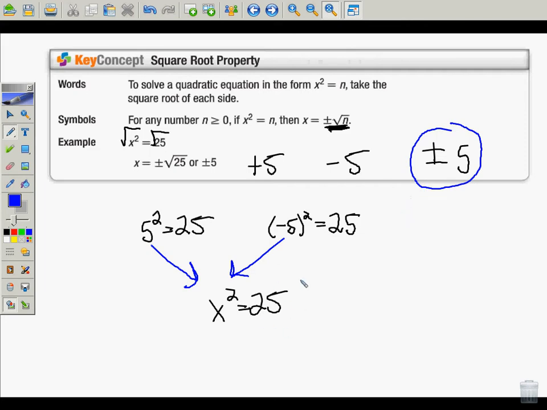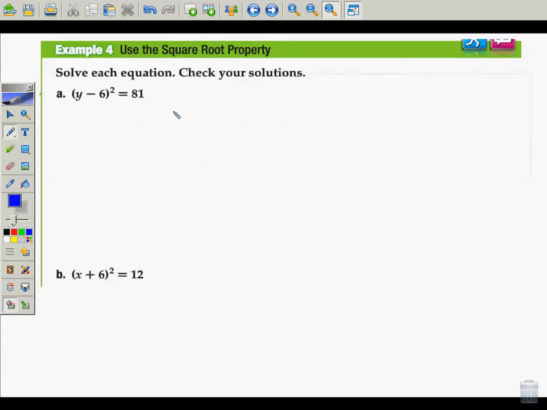So looking at this example, we've got y minus 6 all squared equals 81. Okay? This method is best used when you have something equals something else that you can actually take the square root of, and you'll see that in the second part. But this works because I have something squared equal to just a number, so I can take the square root of each side.